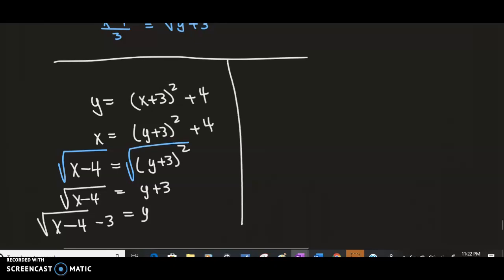Let's try another one. Say we had y equals 2 times the cube root of 6x plus 7. So first things first, switch x and y. So we get x equals 2 cube root 6y plus 7.